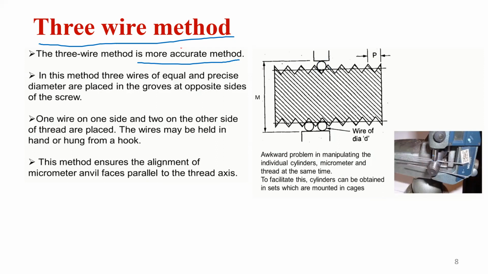Because of these wires, we will get the alignment. One wire on one side and two wires on the other side of the thread make the alignment of the micrometer anvil faces.